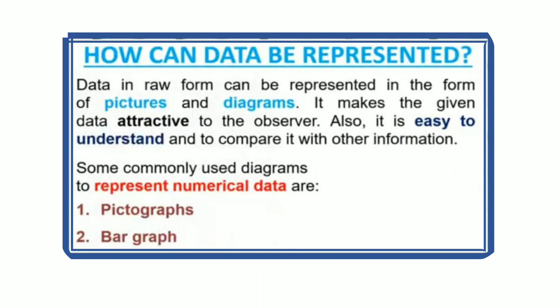Now let's see how data can be represented. Data in a raw form can be represented in the form of pictures and diagrams. It makes the given data attractive to the observer, meaning the person who is reading that data.